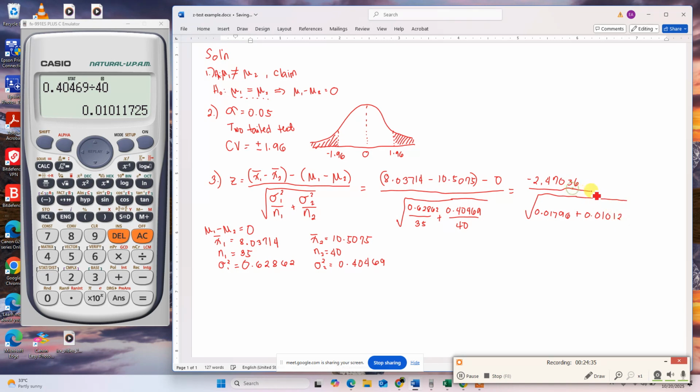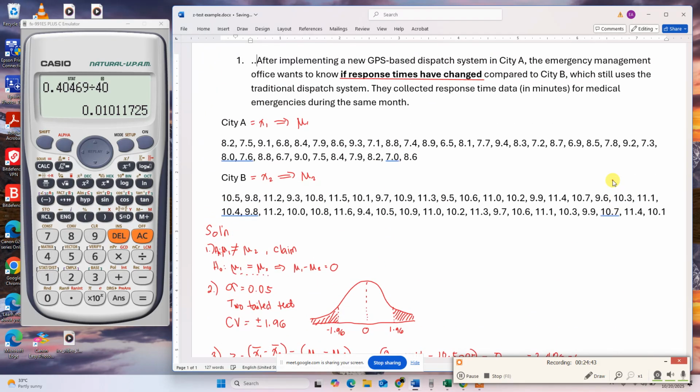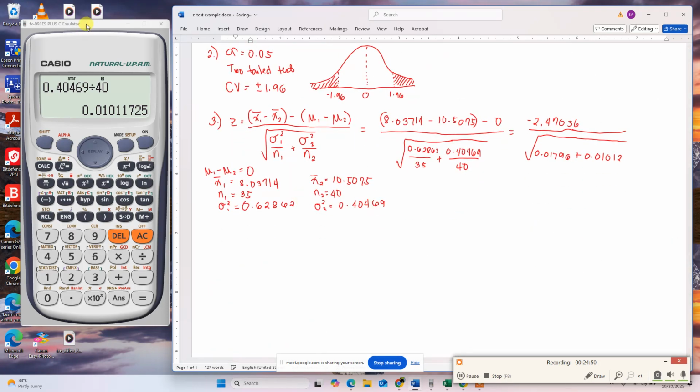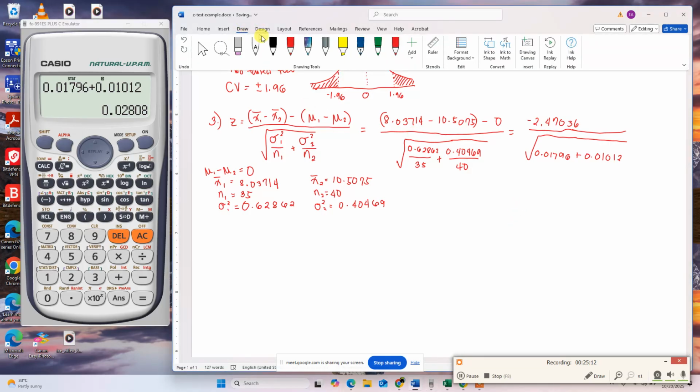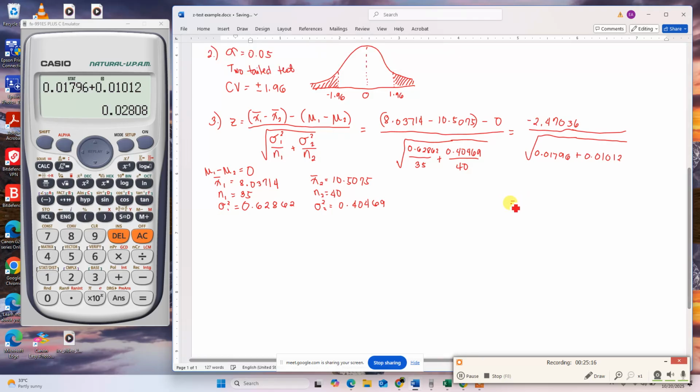So you have 0.01796 plus 0.01012. In that case, you have negative 2.47036 divided by the square root of 0.02808.